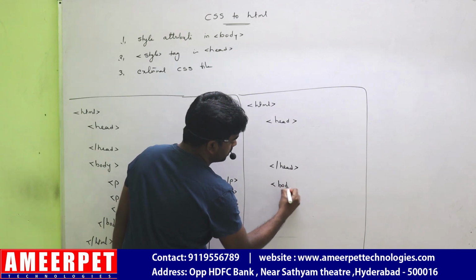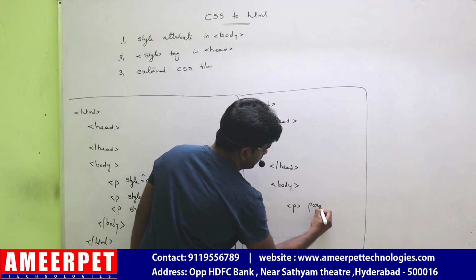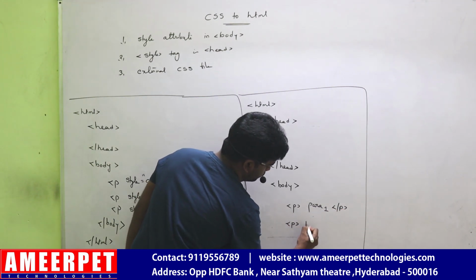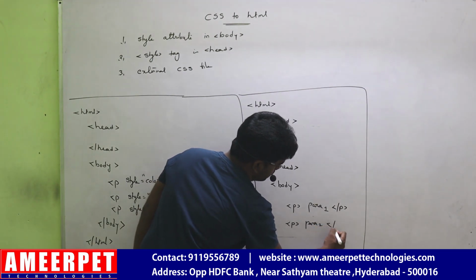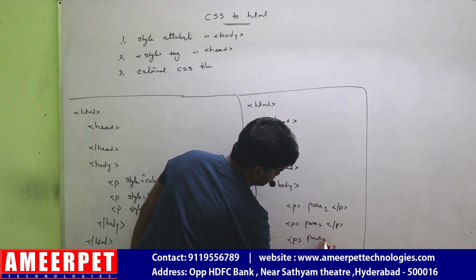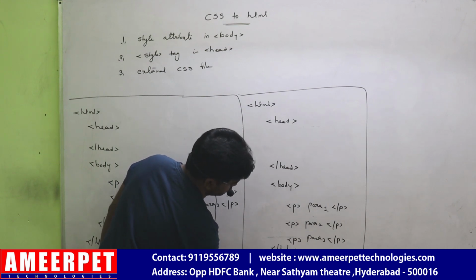In body, we are defining the three paragraphs now. Directly I am writing paragraph 1, and here it is paragraph 2, and it is paragraph 3. This is body and this is HTML.